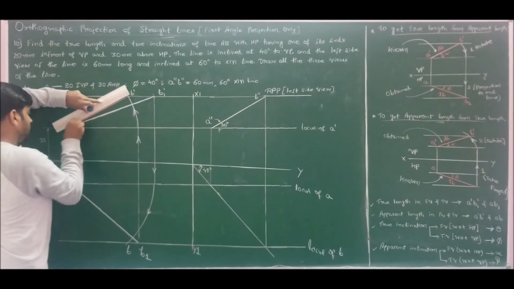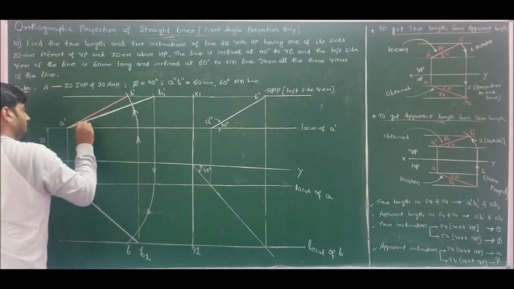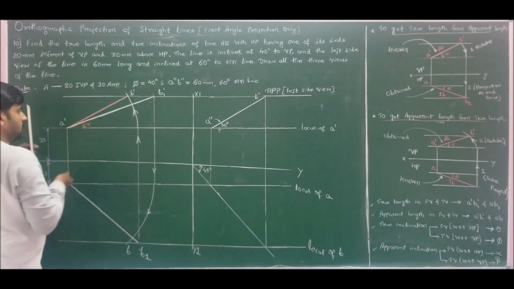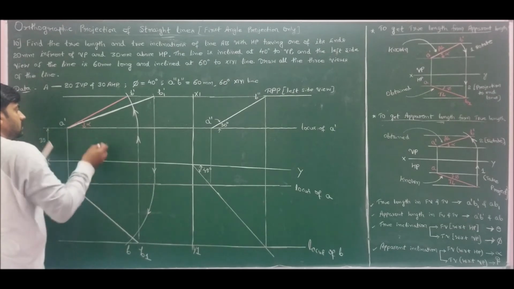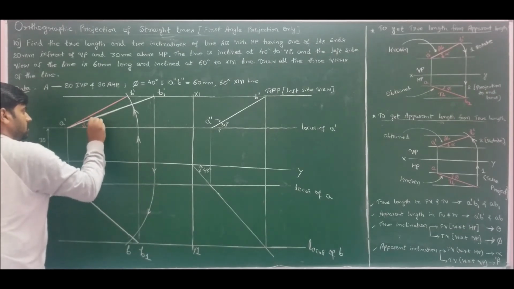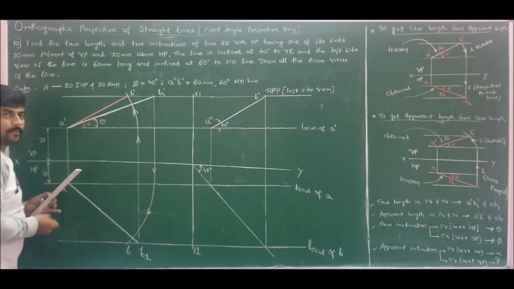So this is the apparent length in front view and the apparent angle alpha. This is the true length and this will give us the true angle theta.